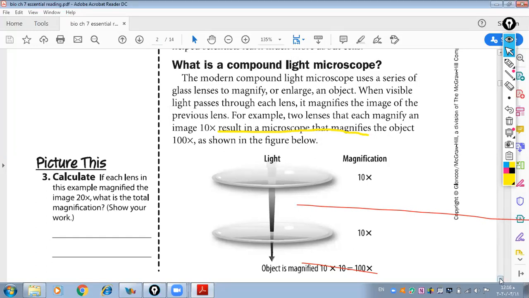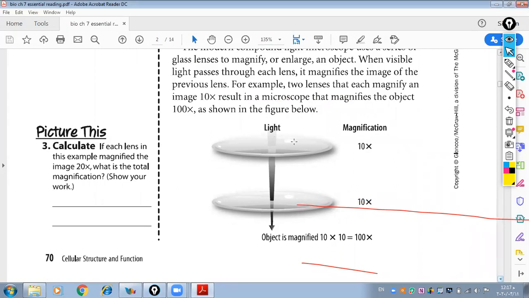What is the meaning of magnification? It magnifies the image 10 times, for example. If you look at the compound light microscope, it is composed of two lenses. This is the first lens and this is the second lens.